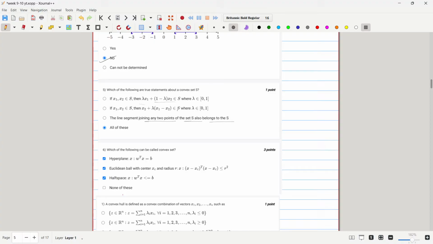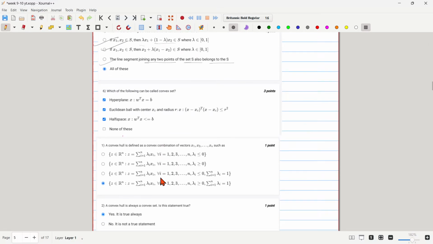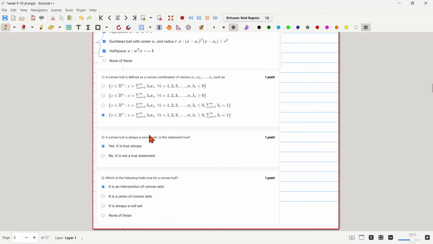Lambda times x1 plus (1 minus lambda) times x2. If you multiply x2 inside, you will see lambda x1 plus x2 minus lambda x2, so x2 plus lambda times (x1 minus x2). So both are part of the convex set, and the line segment joining any 2 points of the set S also belongs to S. These are all theoretical concepts. It won't come in the end term, don't worry.